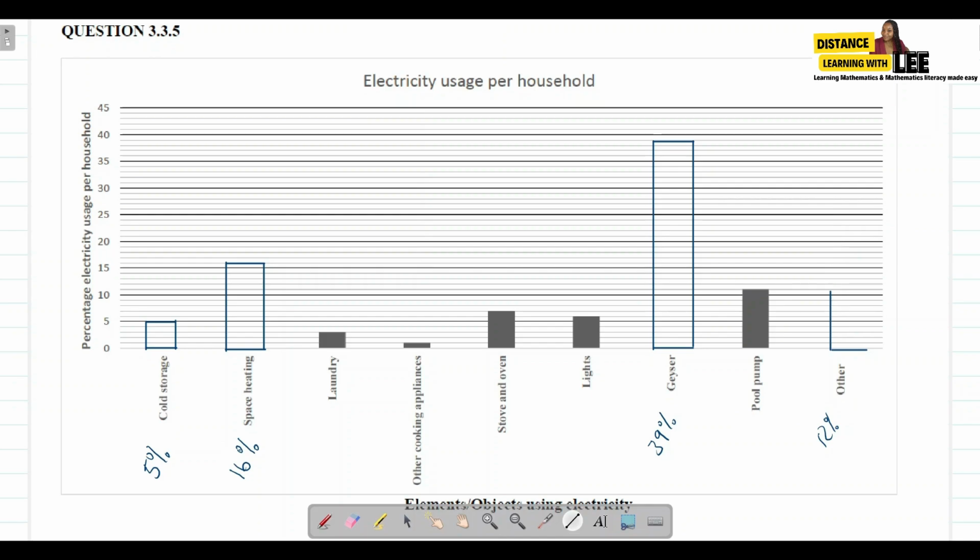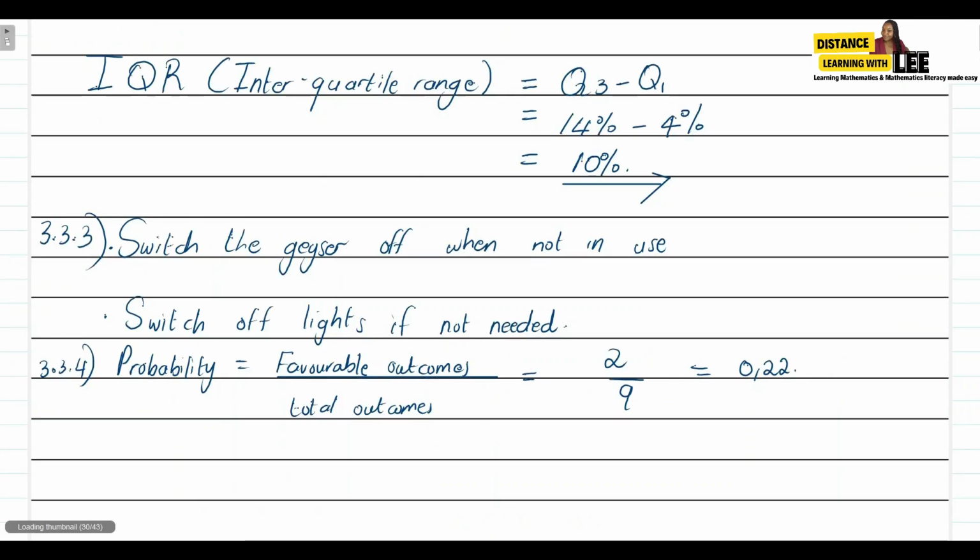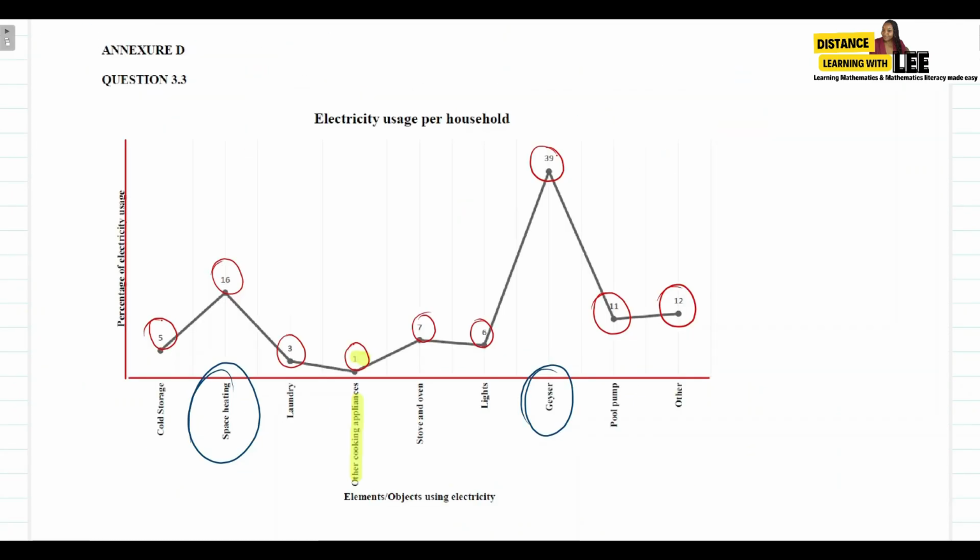That's 10 there, 11, 12, 12%. That's there. All right, so we have basically drawn our bars. Okay, all right, and we are practically done. Okay, so I'm gonna move backwards just to show you guys how they are going to mark question 3.3.